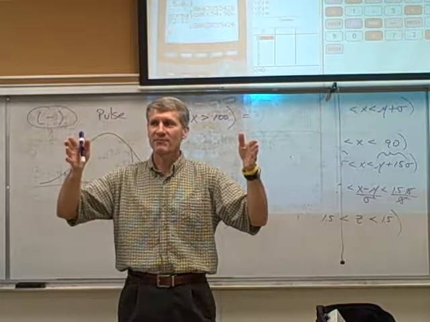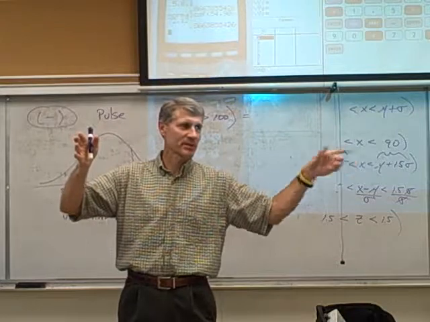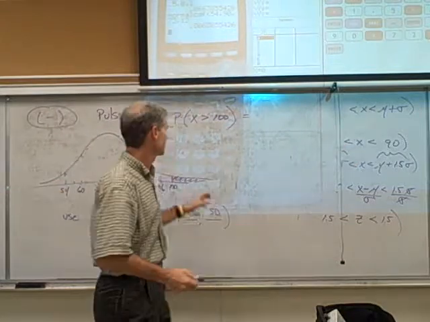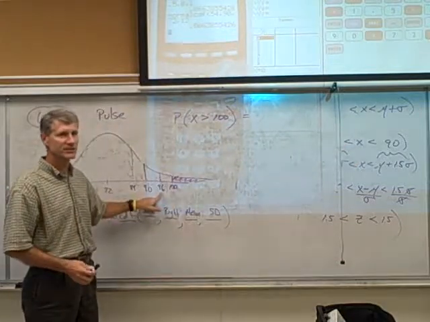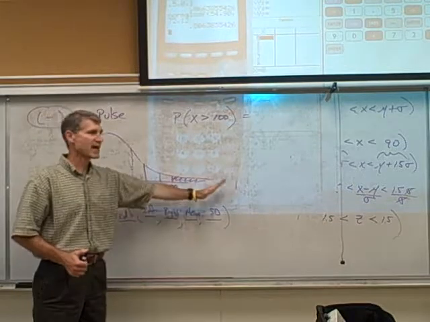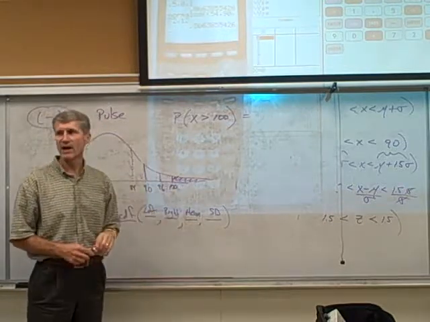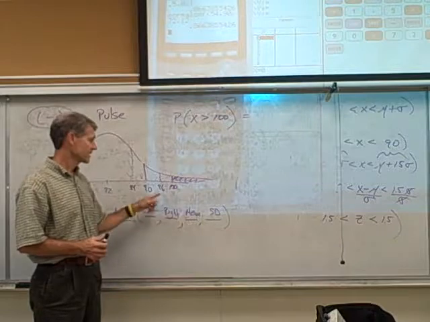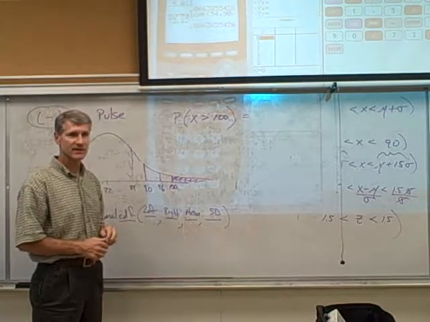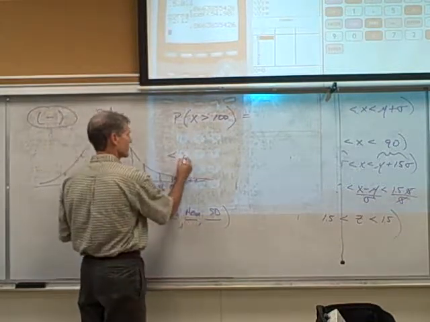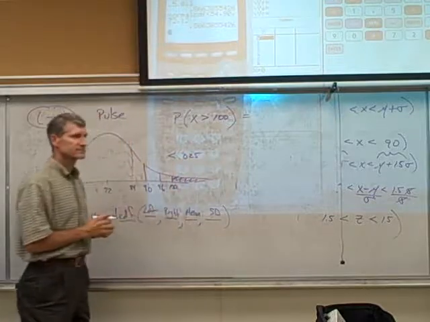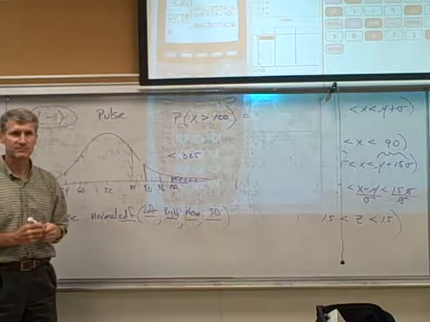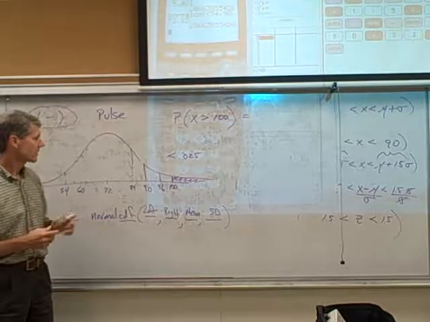And of that 5%, half's in the upper tail, half's in the lower tail. So if I had said 96, which is exactly 2 standard deviations, there'd be 2.5%, or 0.025. So our ballpark estimate is, well, it's going to be less than that, right? So it's going to be less than 0.025, possibly quite a bit less. Right? So we go to our calculator.